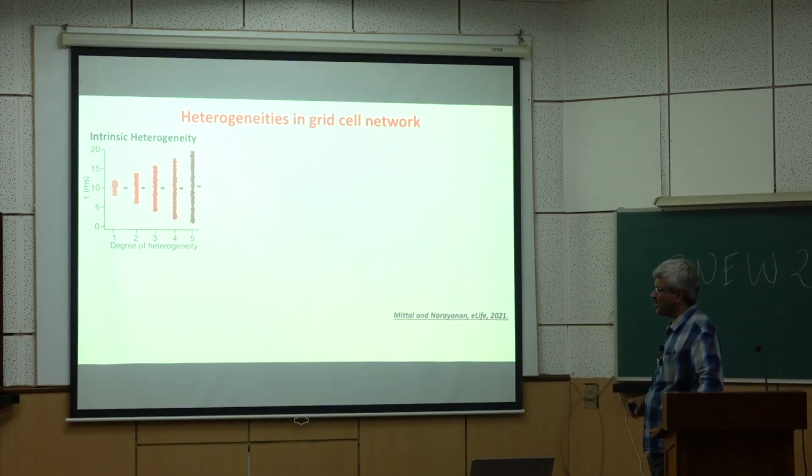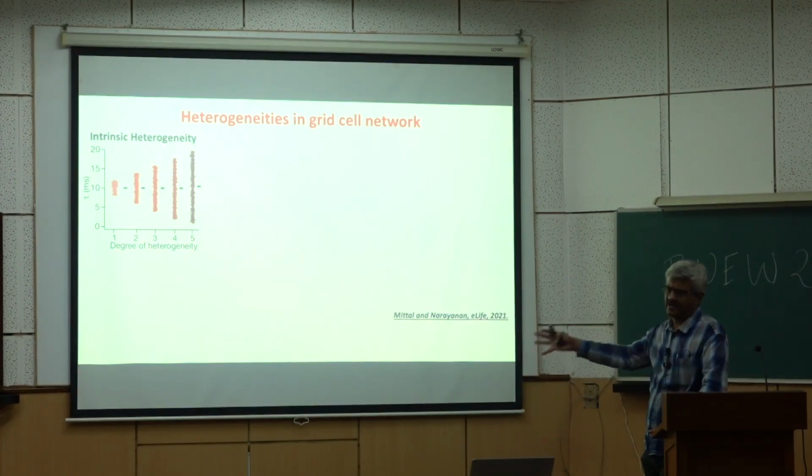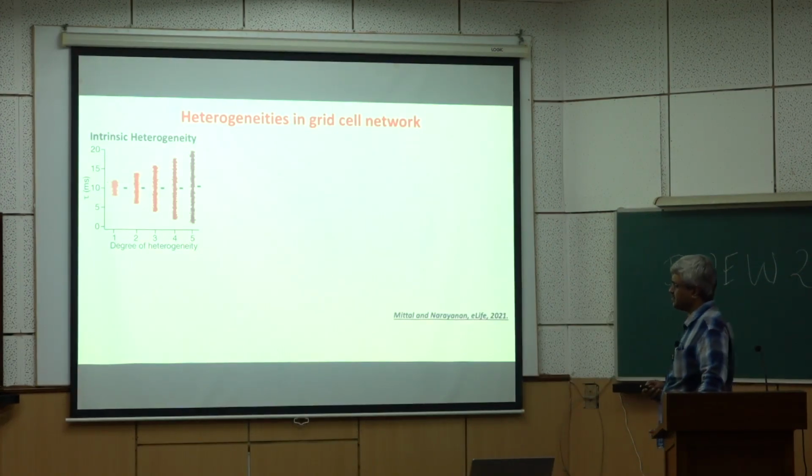I mean, he also recorded from entorhinal cortical stellate cells and showed that they have a wide variability in terms of their properties and stuff like that. So he did not introduce heterogeneity at 1 degree, he introduced it at different degrees, 5 different degrees of heterogeneity. This is intrinsic heterogeneity, where the time constant of the cell is being varied.